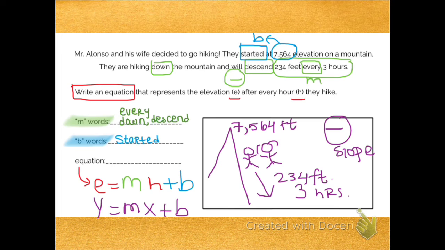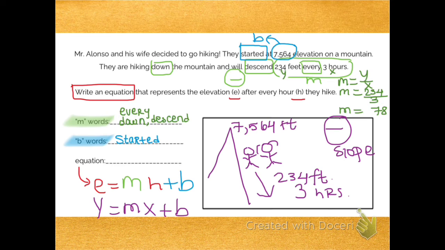Okay, all right, so let's go ahead and find our actual slope because we don't have it yet, right? Okay, so I'm going to go over here and find our slope. So M equals, remember it's what over what on a verbal situation, it's Y over X. So we have M equals 3 hours, so hours is a unit of time, so that's going to be your X, and the 234 is your Y, okay?